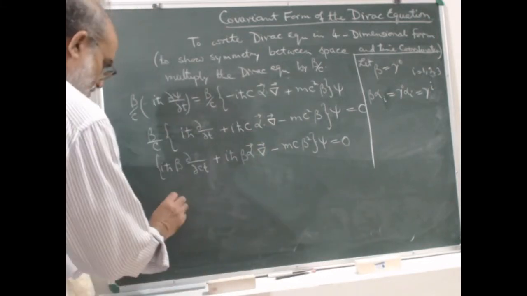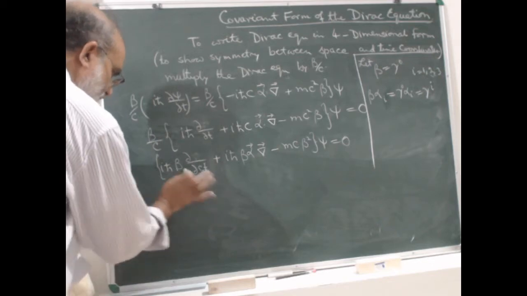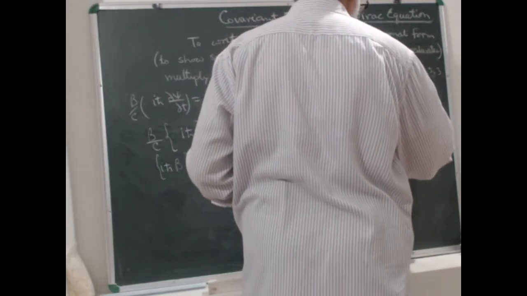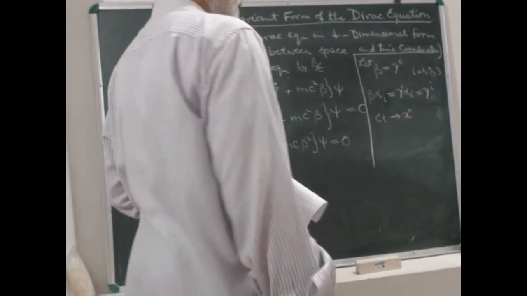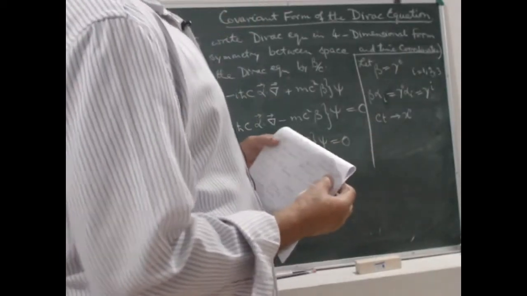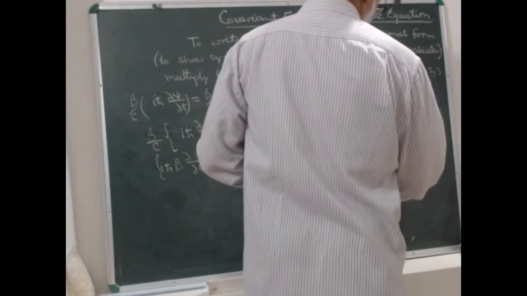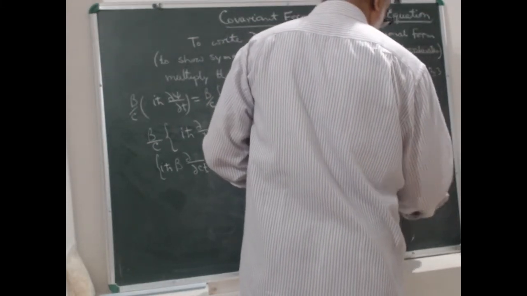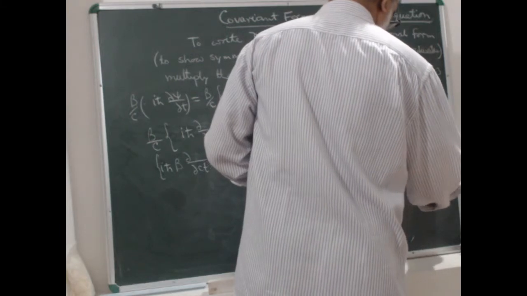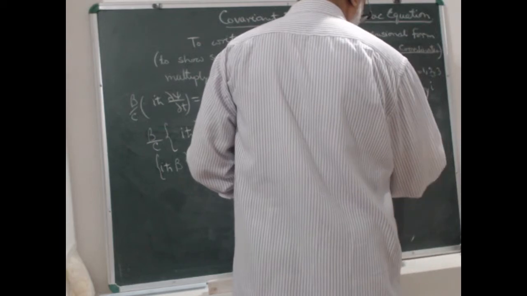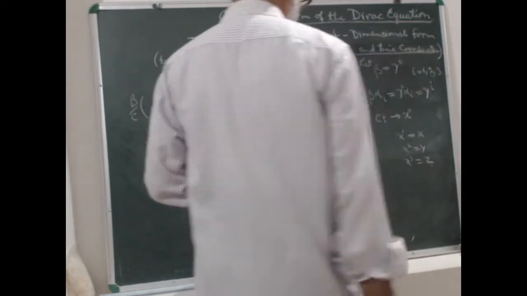So this will become i h cross and c t. c t will be x0, the 0th component of the space is denoted by c t, and x1 is denoted by x, x2 will be denoted by y, x3 is for z. x component, y component, z component: x1, x2, x3. x0 is for the time component.